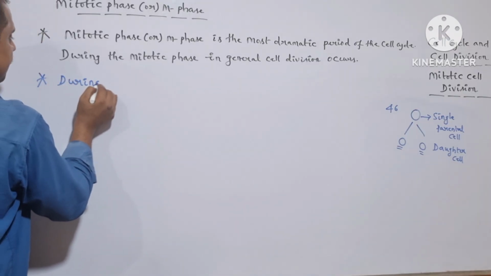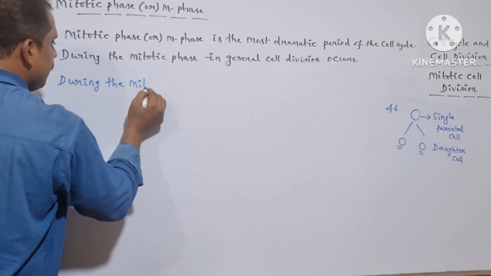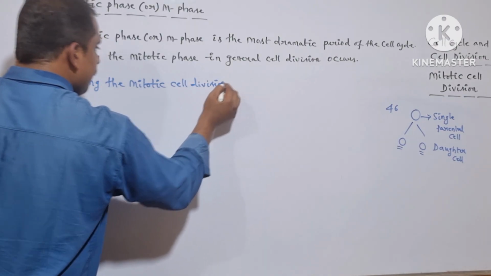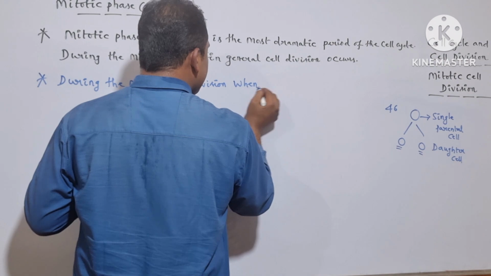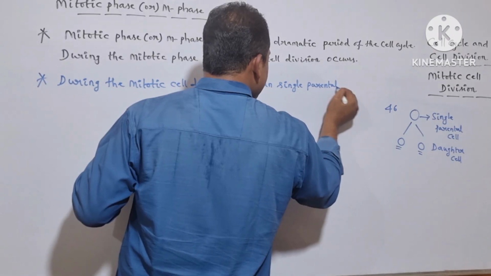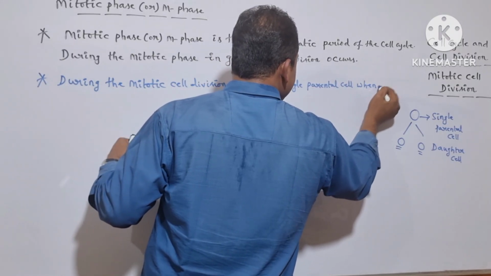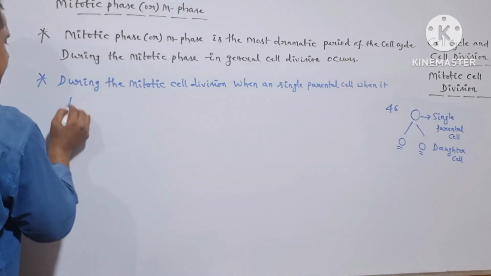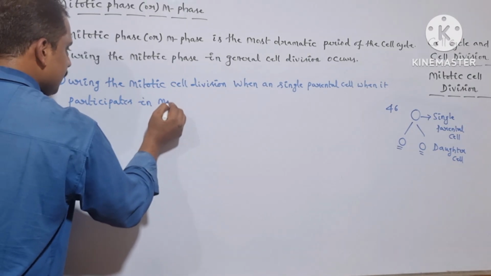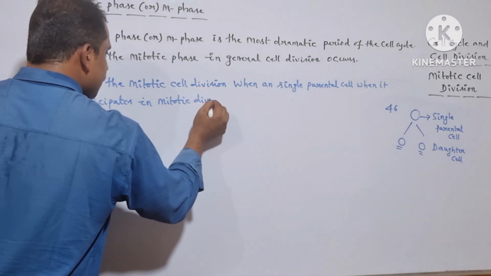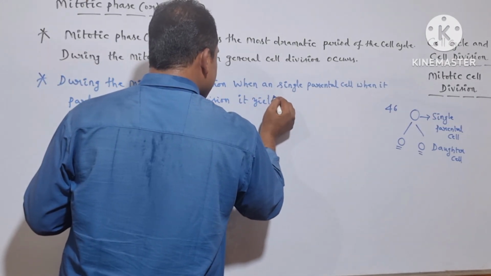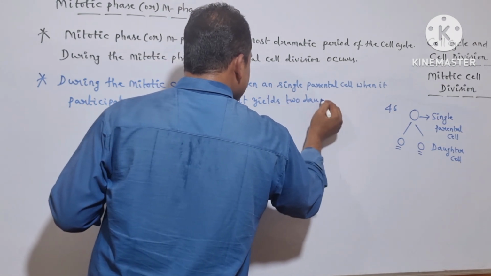During mitotic cell division, when a single parental cell participates in mitotic division, it yields two daughter cells, right?